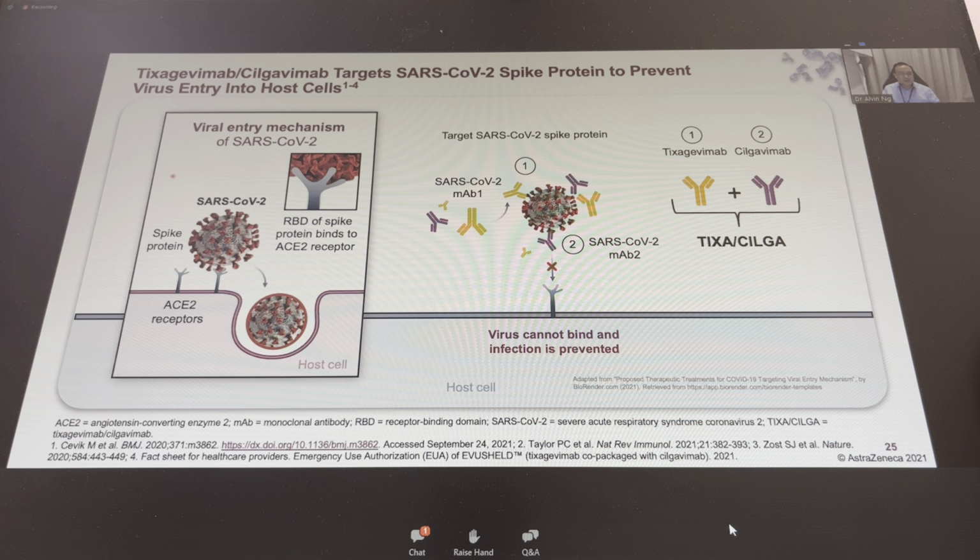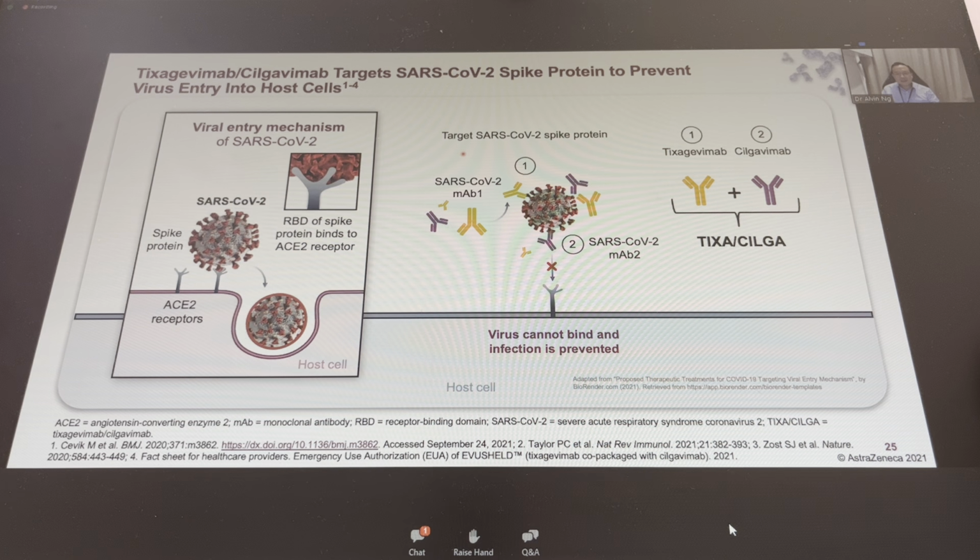So this is a picture of how the SARS-CoV-2 virus binds onto the ACE2 receptor. Basically, the receptor binding domain of the spike protein of the virus will bind onto the ACE2 receptor, and then it finds its way into the host cell.